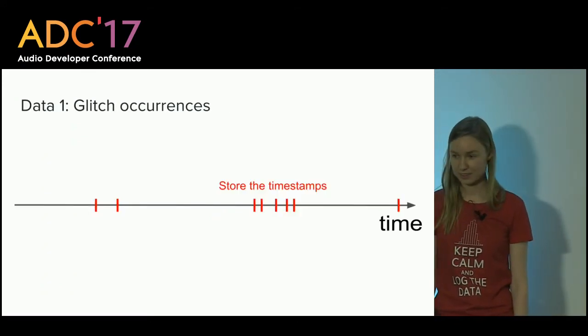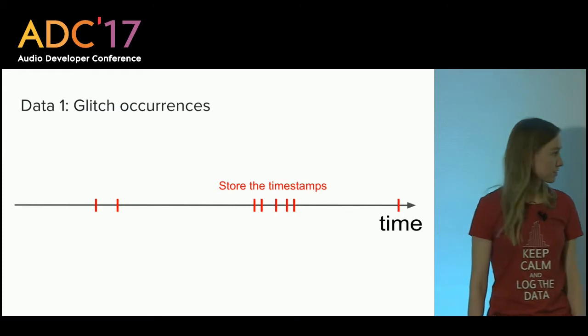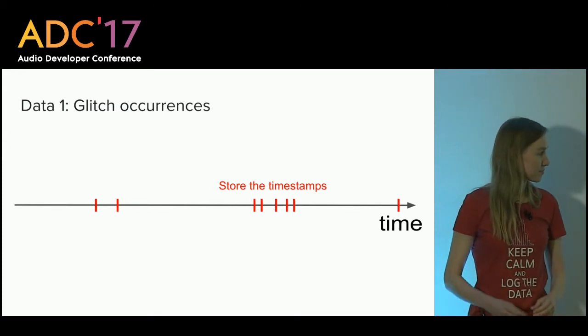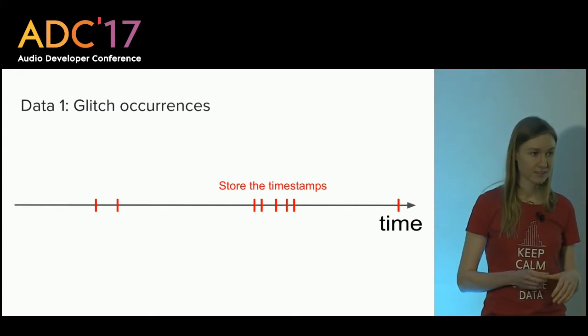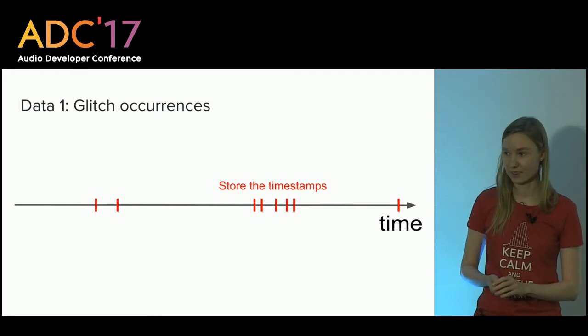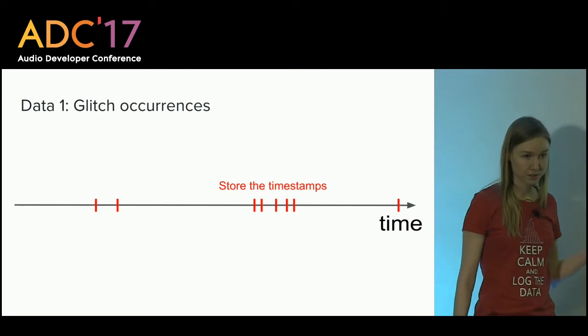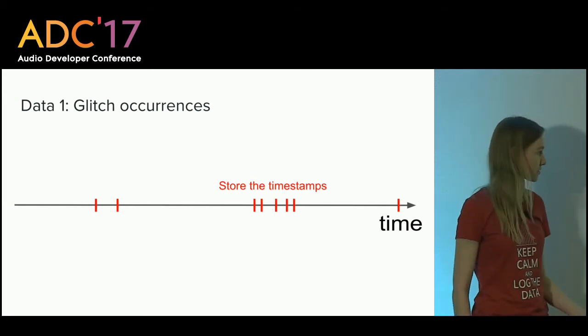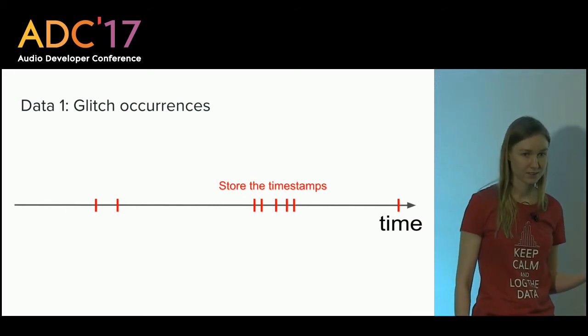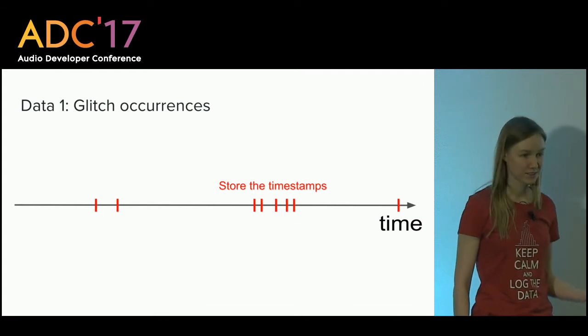The simplest thing to do is determine what time interval between callbacks is long enough that it would likely be related to a glitch. And then we go through our raw data and store the timestamps of all the places where that happened. And so we get this kind of glitch timeline.